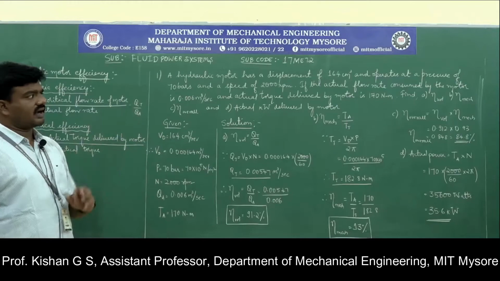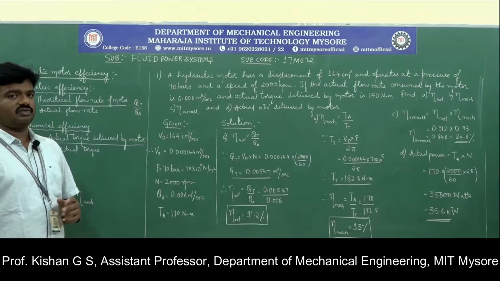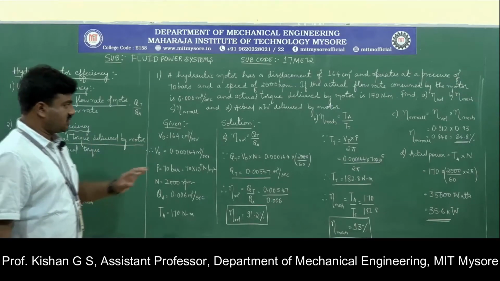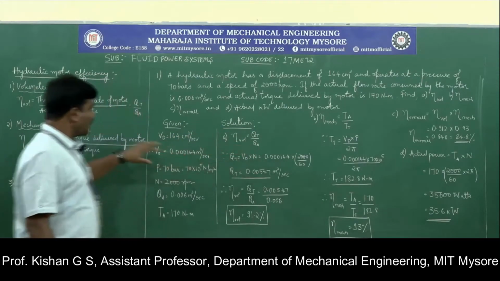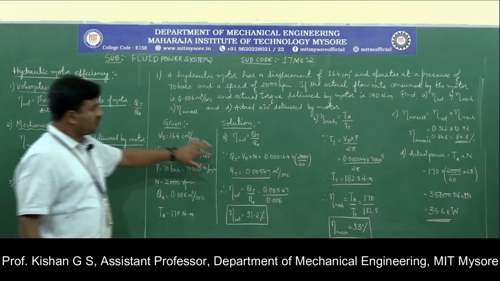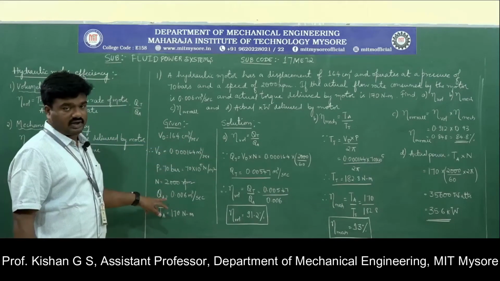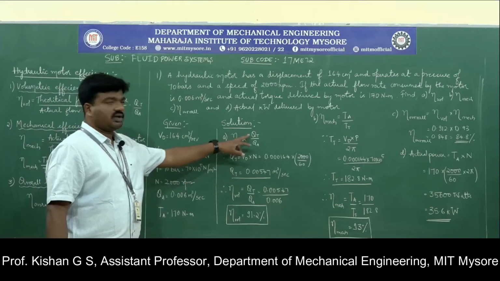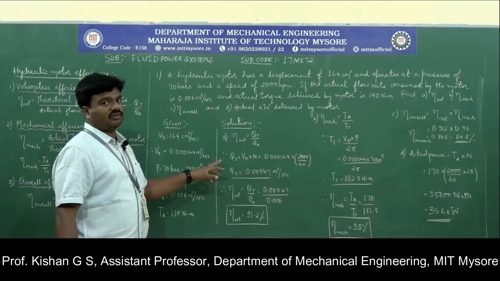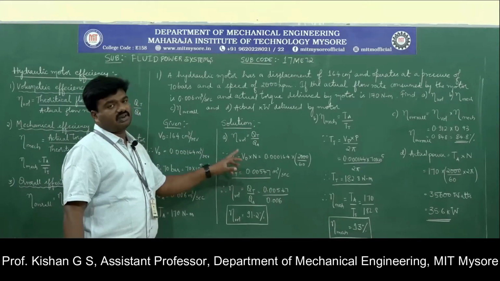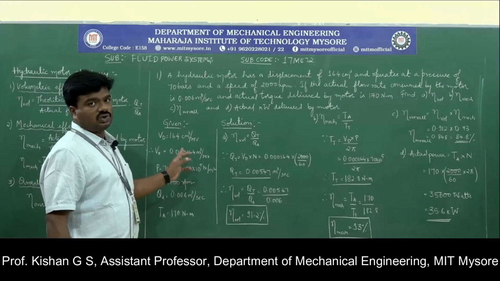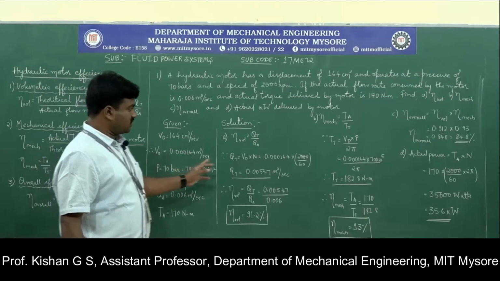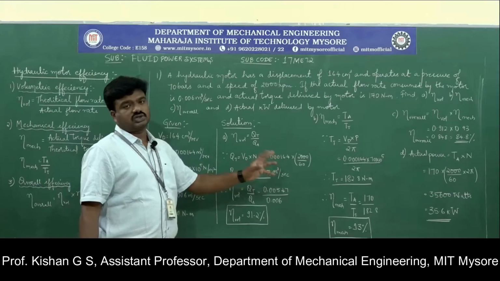Now we have to identify four parameters. The first is the volumetric efficiency. We know volumetric efficiency is QT by QA, as it has been defined. We know the value of QA in the given data, but we don't know the value of QT, so first we have to identify QT. QT is given by VD into N. VD is known, 0.000164 m³ per revolution, into N, that is 2000 RPM.